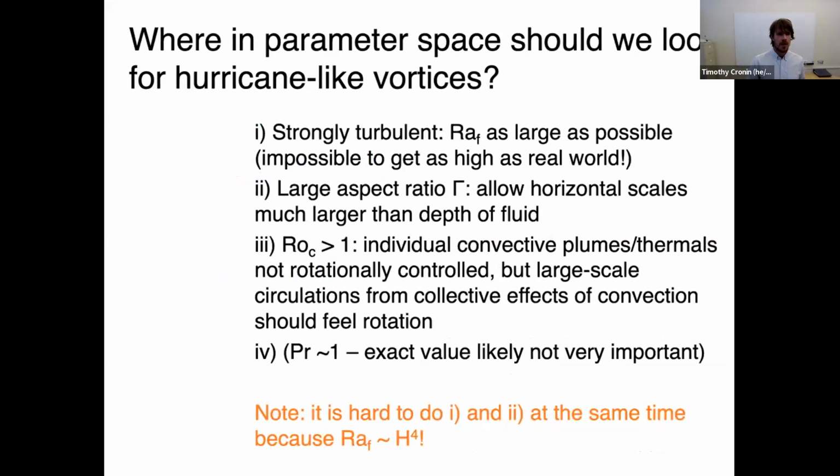So where we think we should look in parameter space to find these hurricane-like vortices is the limit of strongly turbulent convection, so the flux Rayleigh number is as large as possible. A large aspect ratio, where we have a large horizontal extent compared to the depth of the fluid. And a limit where we have a convective Rossby number that's somewhat greater than 1, where individual convective plumes and thermals are not controlled by rotation, but the large-scale circulations from their collective effects can feel rotation.